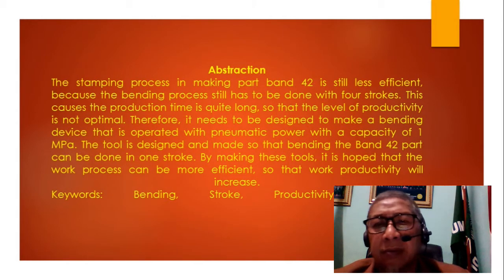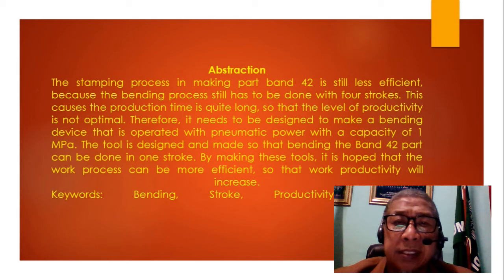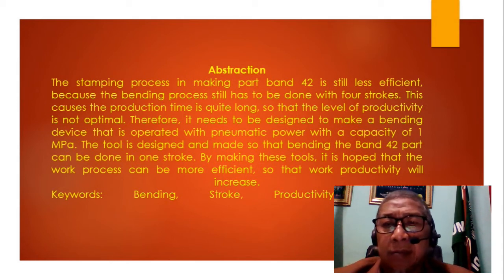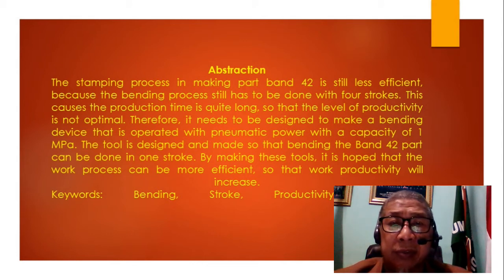I want to introduce the abstract. The stamping process in making the part Bend 42 is still less efficient because the bending process still has to be done with 4 strokes. This causes the production time to be quite long, so that the level of productivity is not optimal.